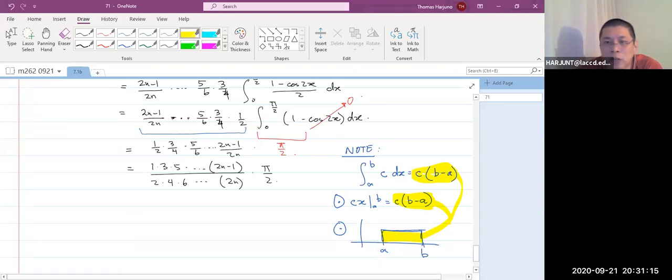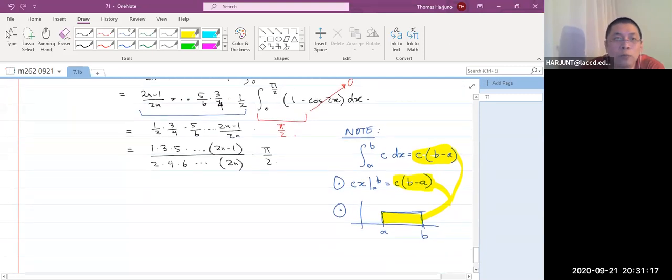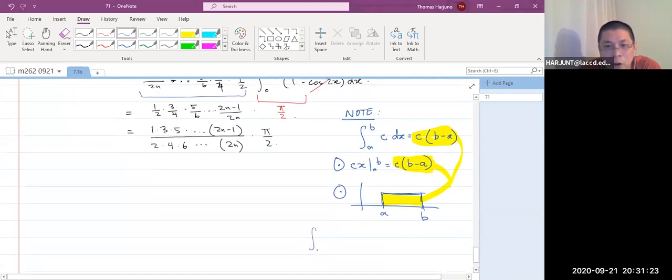Okay, so Thomas, how do you compute, it seems like you did it visually, integral from 0 to pi over 2 of cosine 2x dx. How do you get that so fast that it is equal to 0?